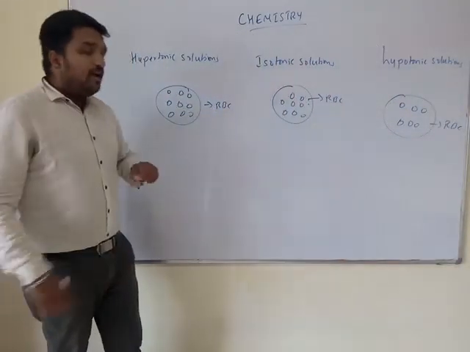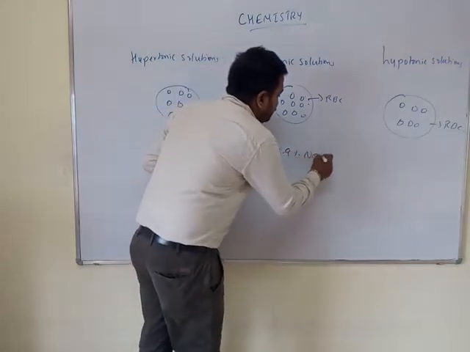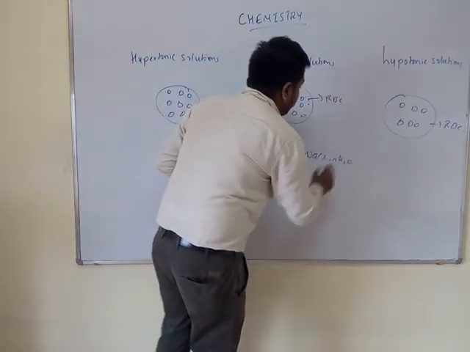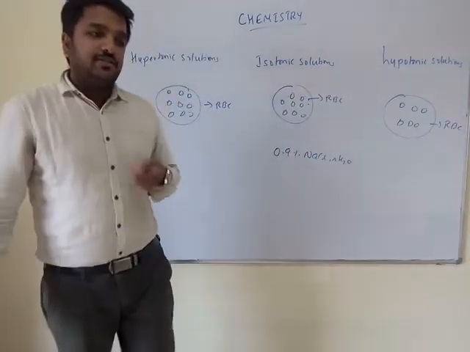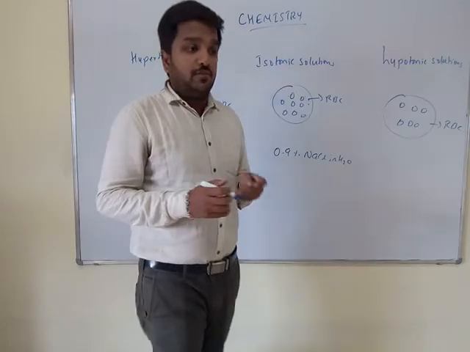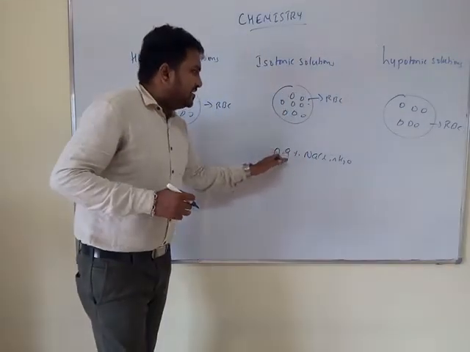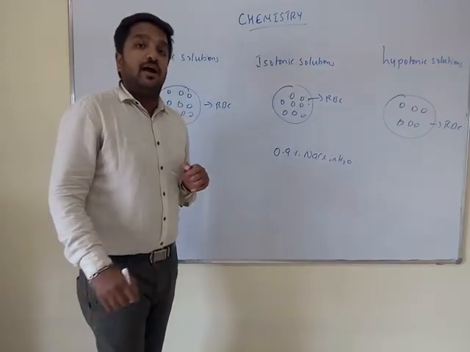Now we take one more solution, that is 0.9% of sodium chloride in water. Yeah, mass by volume percentage you have studied. 0.9% of mass by volume sodium chloride in water.